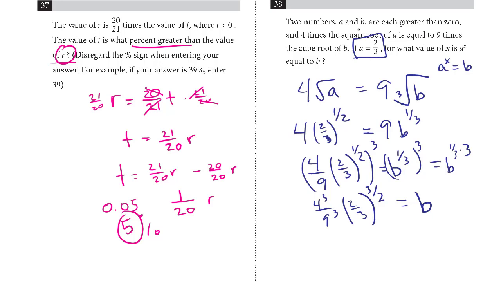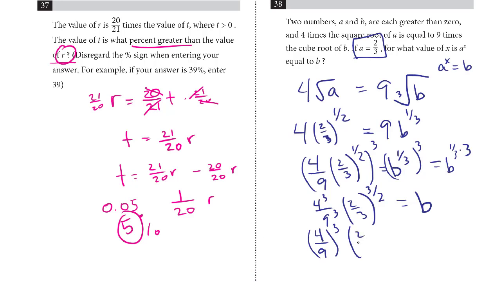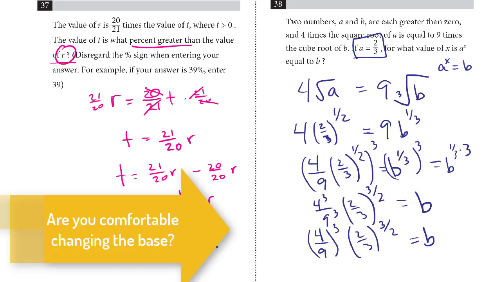Okay. Well, we know a is 2/3. Well, I can express 4/3 over 9/3 as 4/9 cubed, and 2/3 to the 3/2 equals b. Well, I also know that 4/9 is 2/3 squared.